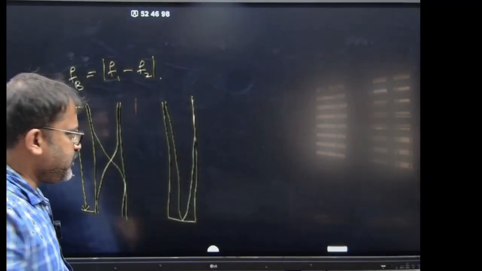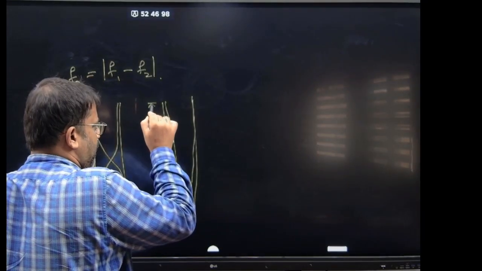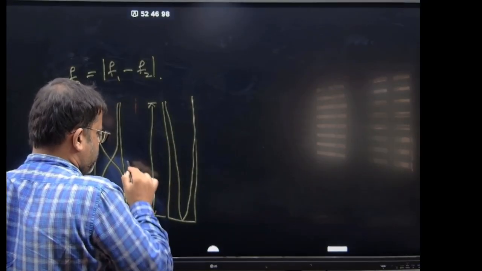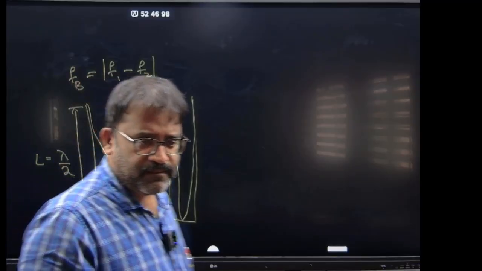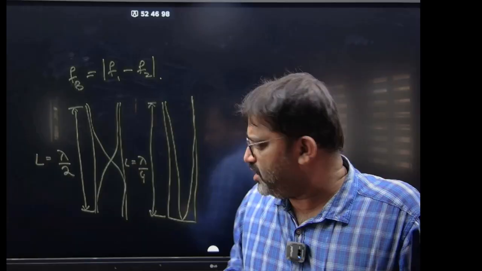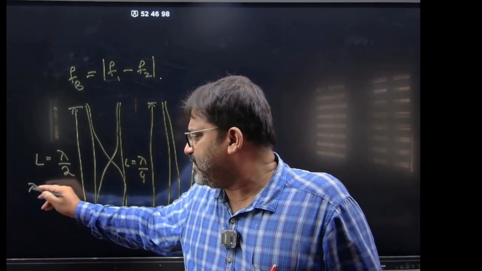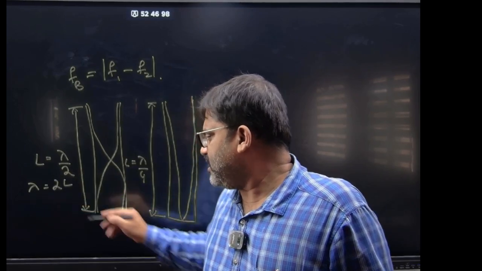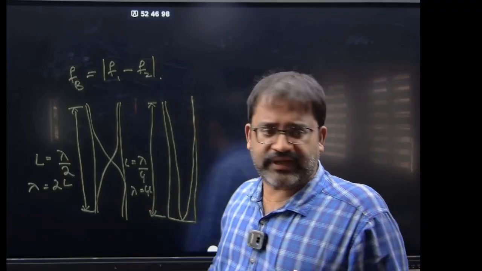Here the length of this organ pipe is equal to lambda by 4. Because of this length, for the open pipe lambda is equal to 2 times L, and for the closed pipe lambda is equal to 4 times L.